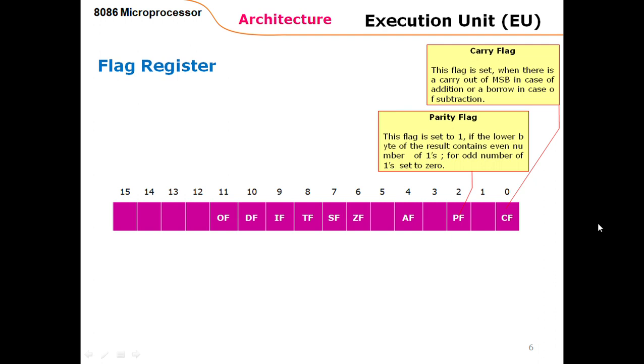So during an operation, for example when two 8-bit numbers are added, the lower byte of the result is considered for the parity flag. If the number of ones in that lower byte of the result is even, then this parity flag bit is set to 1. And if the number of ones is odd, then this flag is set to 0.